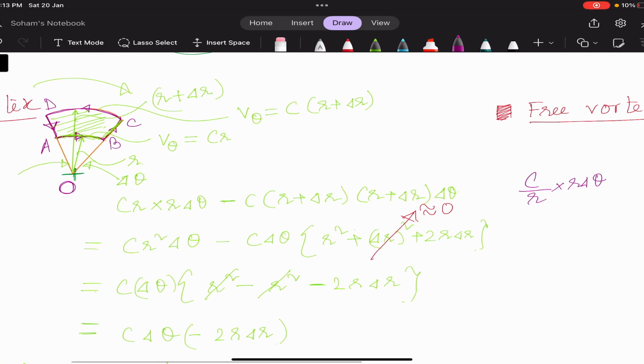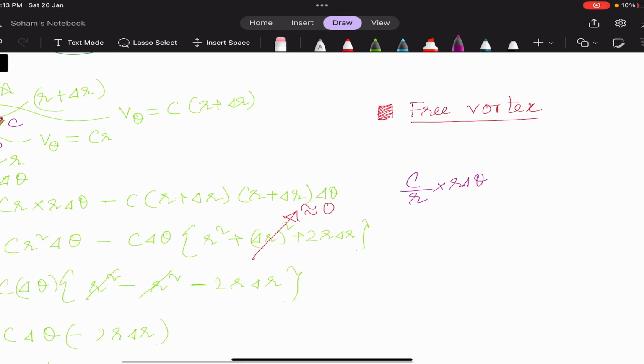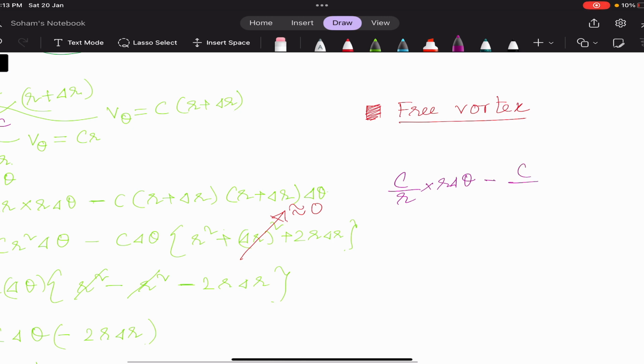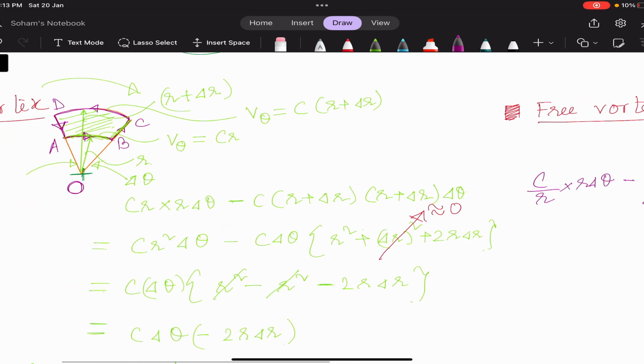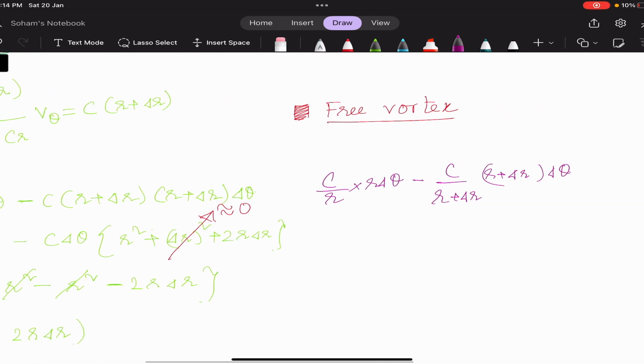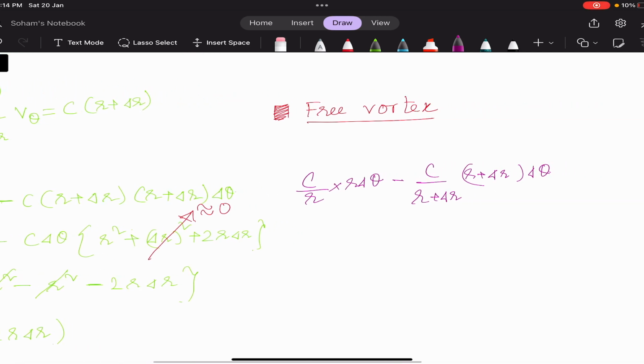So this is for the part AB, minus c by r plus del r into r plus del r del theta. This is for the part CD, and for the part BC and AD VR is 0, so those will not contain anything.